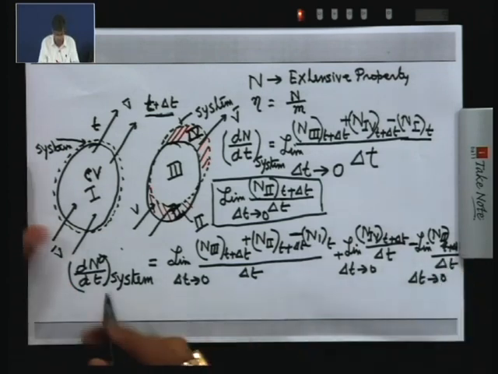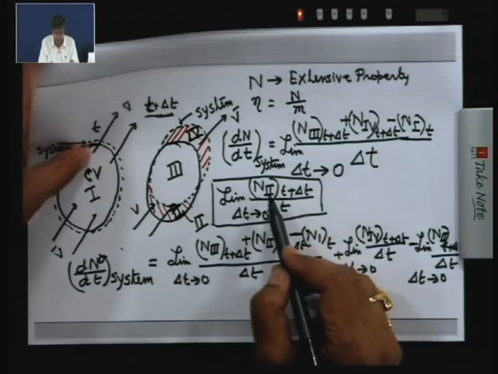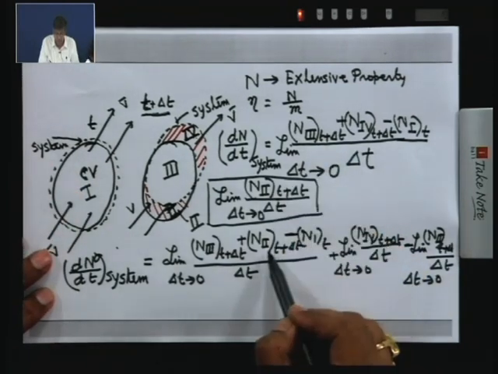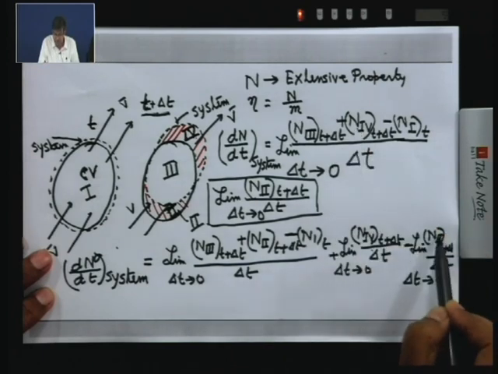So you see that dN/dt of the system becomes the limit, then what happened? I have added this and subtracted this. This I have taken with this, then this remains as it is, minus the limit of N2 at t plus delta t over delta t.